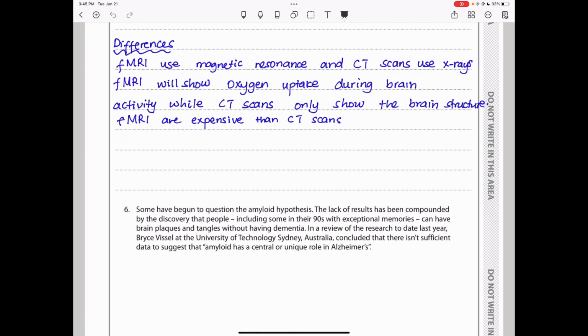The lack of results has been compounded by the discovery that people, including some in their 90s with exceptional memories, can have brain plaques and tangles without having dementia. In a review of the research to date last year, Bryce Visser at the University of Technology, Sydney, Australia, concluded that there isn't sufficient data to suggest that amyloid has a central or unique role in Alzheimer's.